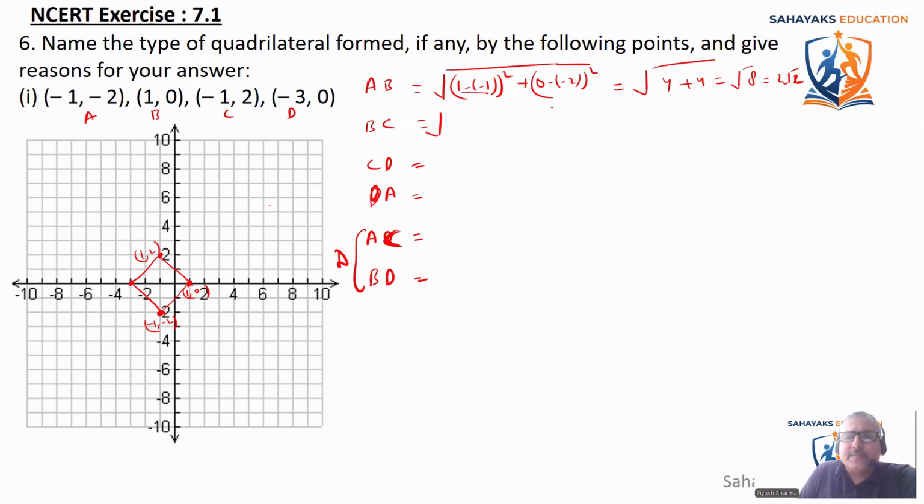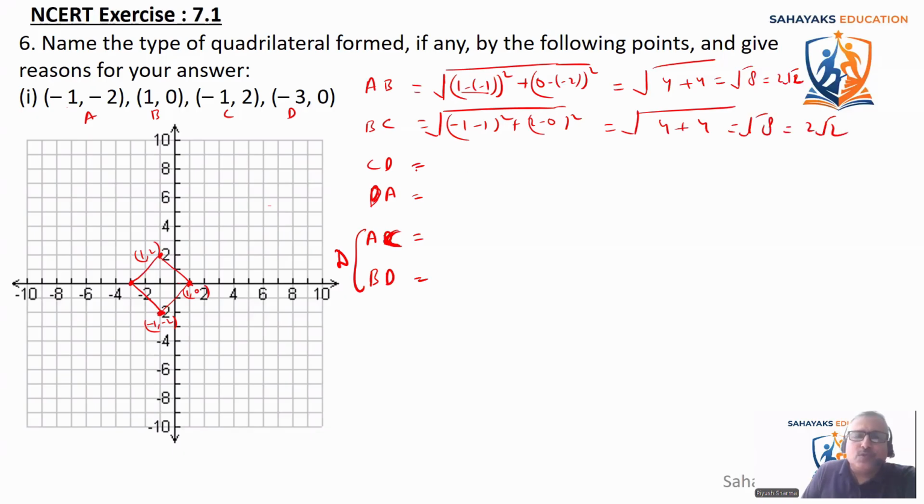Then comes BC. BC is square root of (-1 minus -1) whole square plus (2 minus 0) whole square. This comes out to be 0 plus 4, the square root of 8, which is 2 root 2.